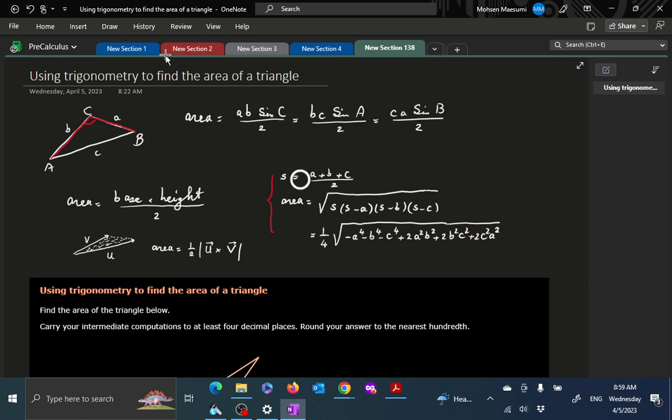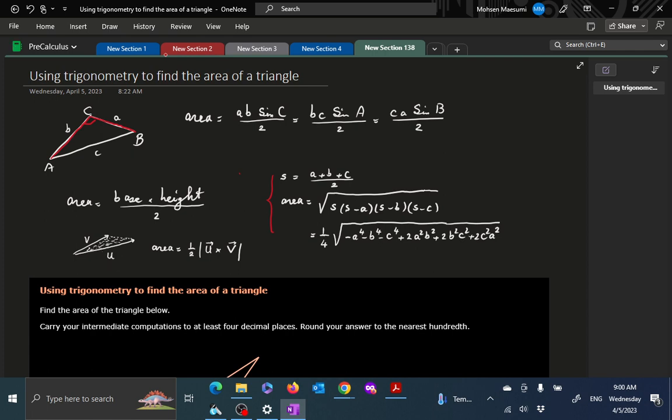So S is half of the perimeter, A plus B plus C over 2, and the area turns out to be the following expression: the square root of S times S minus A, S minus B, S minus C, and if you expand it, it becomes this, which looks a bit more daunting than what we are dealing with today. Later on in your calculus or future classes, there will be application of a similar formula to something called the area of triangles defined by vectors.